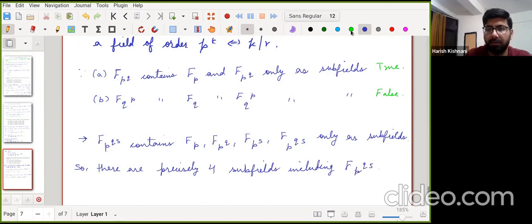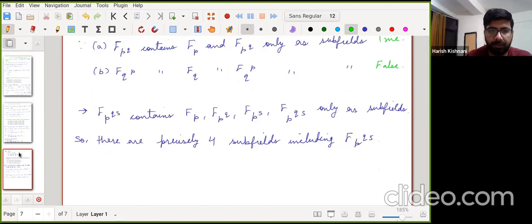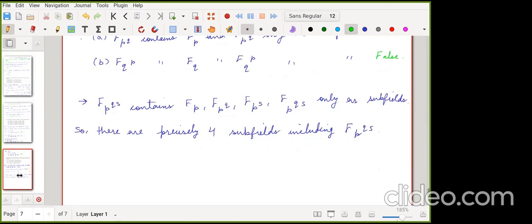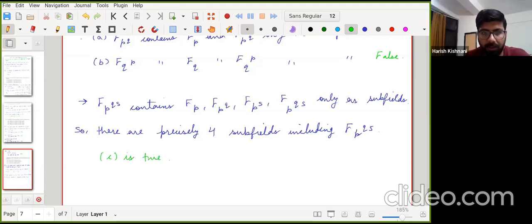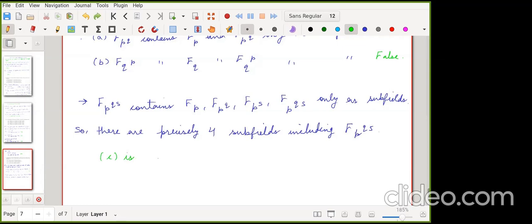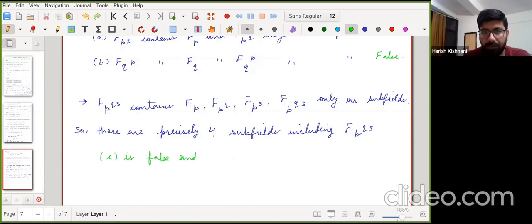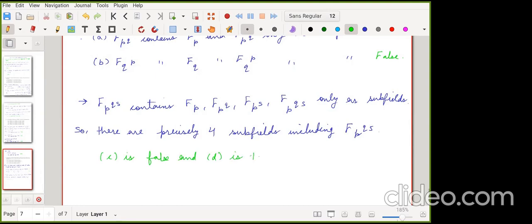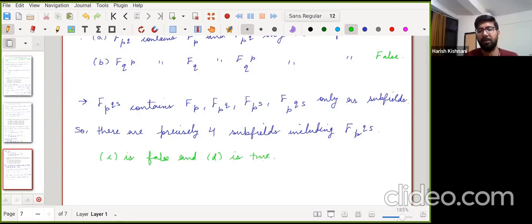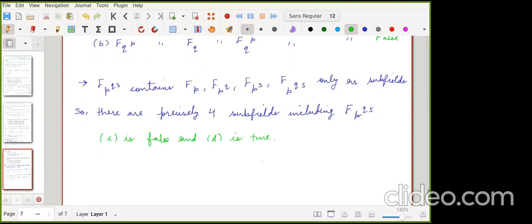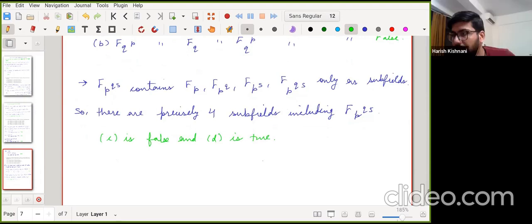So C is true, but D is false. Oh, sorry. C is false and D is true. Okay. So I hope that is also clear. Let's quickly move on to the next question.